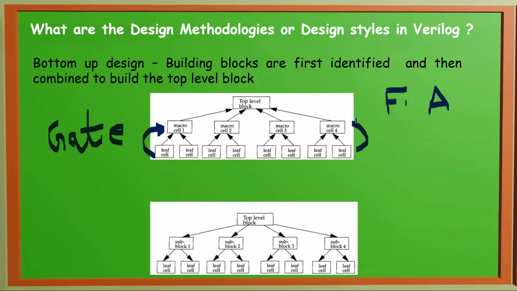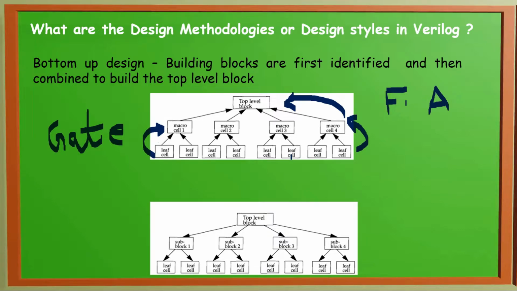At the second level you will add 2 half adders to get the full adder. This is bottom up design. That means you are starting from the basic elements, right from the transistors and gates. But it is useful if your system is small.